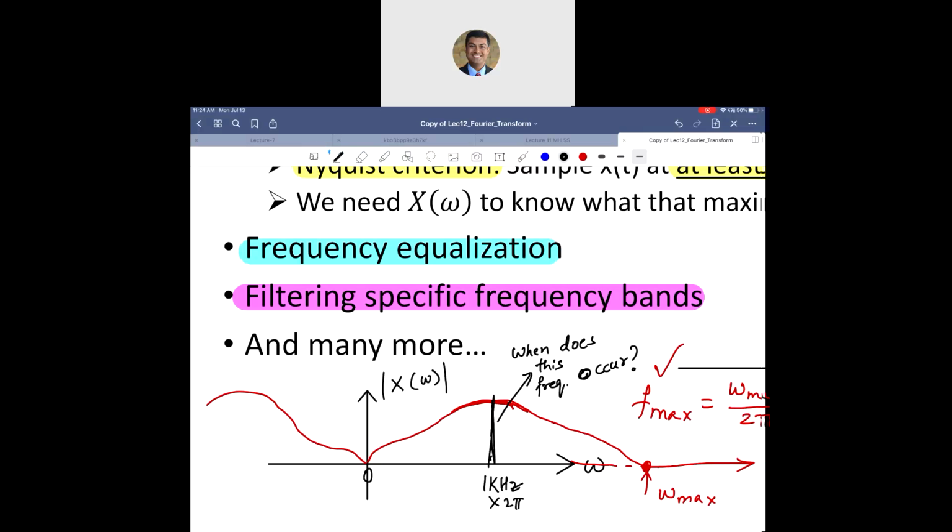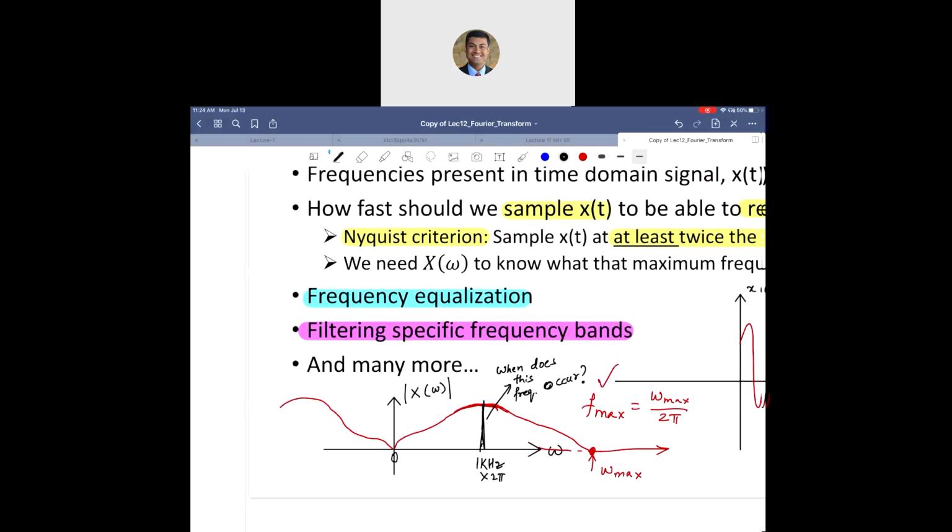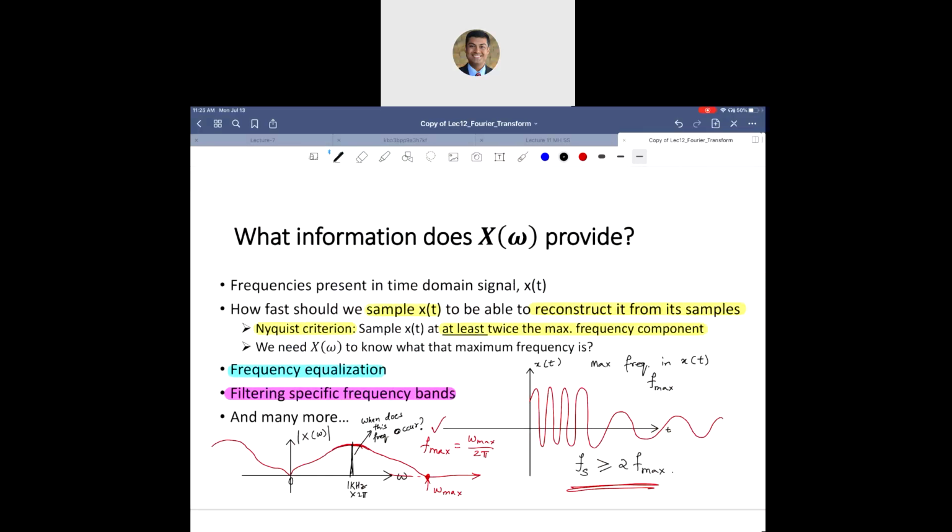No, not unless you do an inverse. Yes, absolutely. So to answer the question about when, you would need to find the inverse Fourier transform of the signal. When does this frequency occur? Well, find the inverse Fourier transform, you get this.